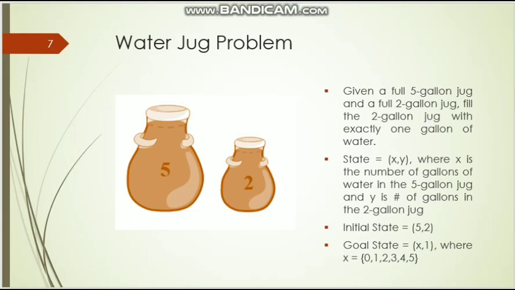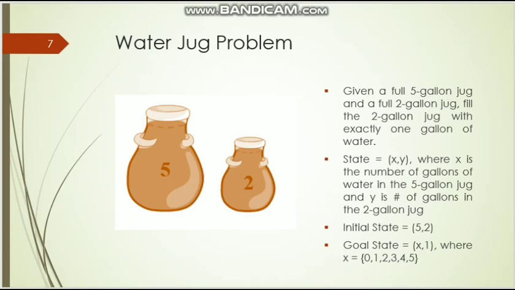So here, first the initial state we can define as 5,2, where in the left jar there is 5 of water already, and in the right jar 2 gallons of water is already there. Sorry, I may be confused between gallon and liter, so you can consider either one.